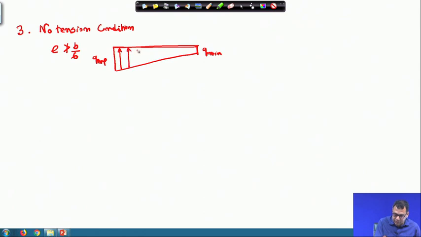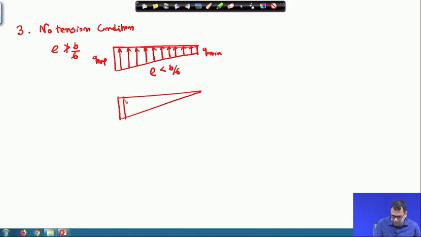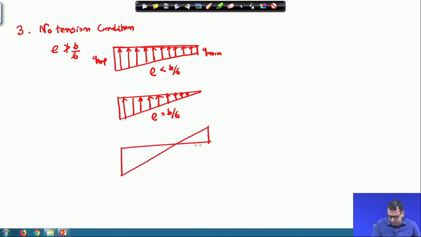This is the condition for e less than B by 6, this is the condition for e equal to B by 6, and this is the condition for e greater than B by 6.